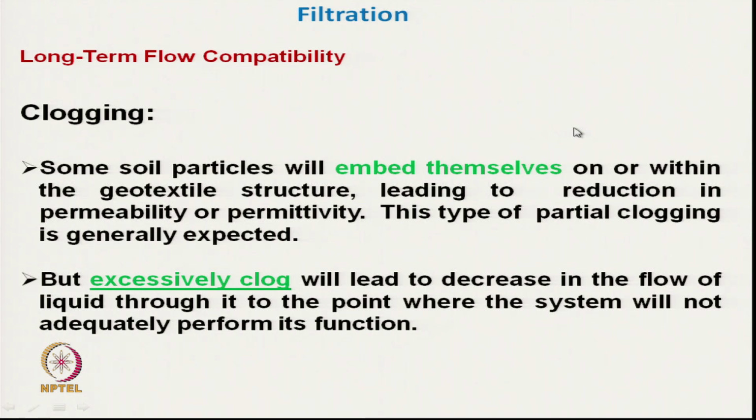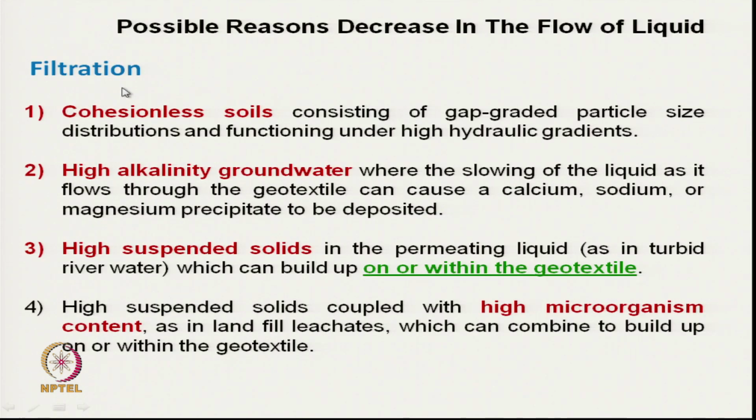We should not allow the geotextile to get clogged quickly. If the geotextile clogs quickly, then long term flow behavior will deteriorate. These are dependent on the cohesion of soil.